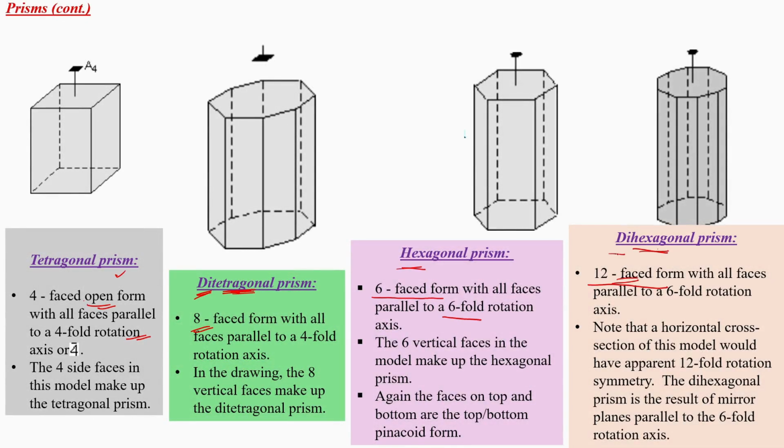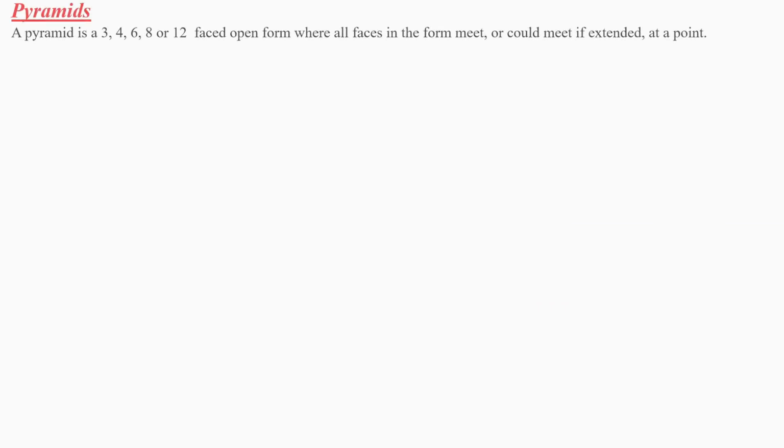So in the prism we find parallel faces. In the pyramid, all these faces will meet at one point. That is the major distinction to know prism and pyramid.